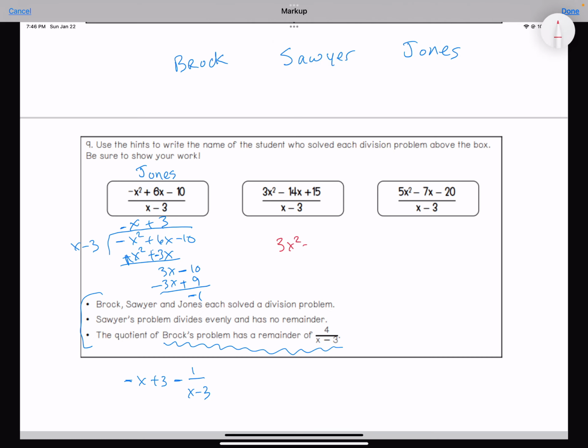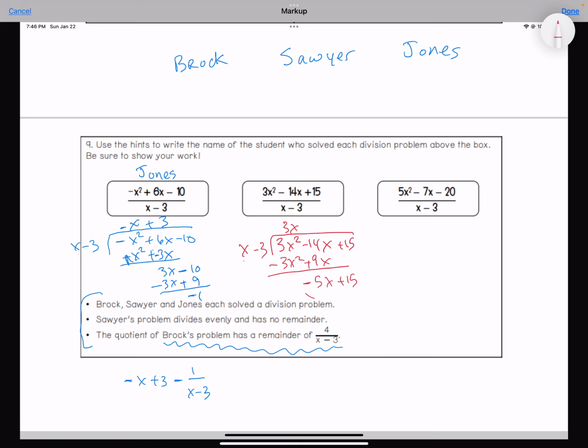3x squared minus 14x plus 15 divided by x minus 3, 3x. Negative 14 minus negative 9 is negative 5x plus 15.